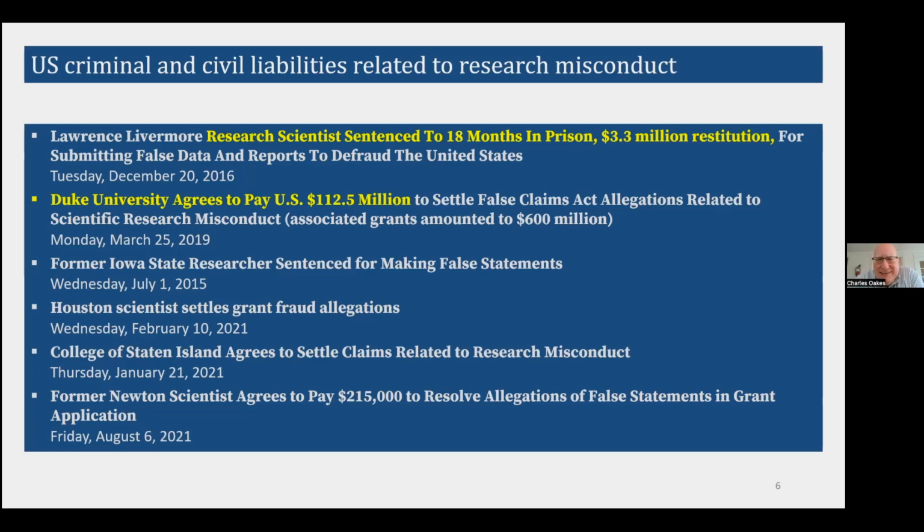Now, as I said a minute ago, scientific misconduct is not a crime, it's a civil offense, but this guy went to jail. What he went to jail for was doing things like lying to federal officials and falsifying his data and putting it in the mail to those federal officials, because those things are crimes.